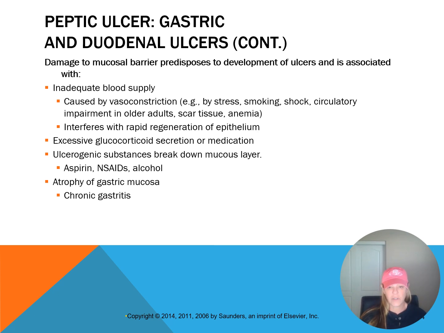Steroids are very difficult on the stomach, so you have to make sure that you take food with any kind of steroids. Aspirin, NSAIDs, and alcohol break down that mucosal layer, and then you have atrophy of your gastric mucosa, which leads to chronic gastritis.